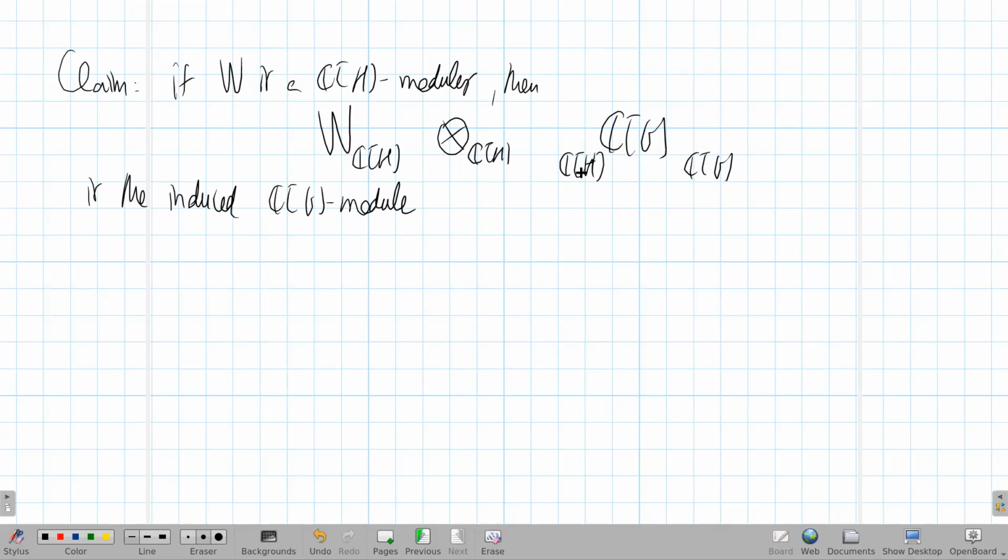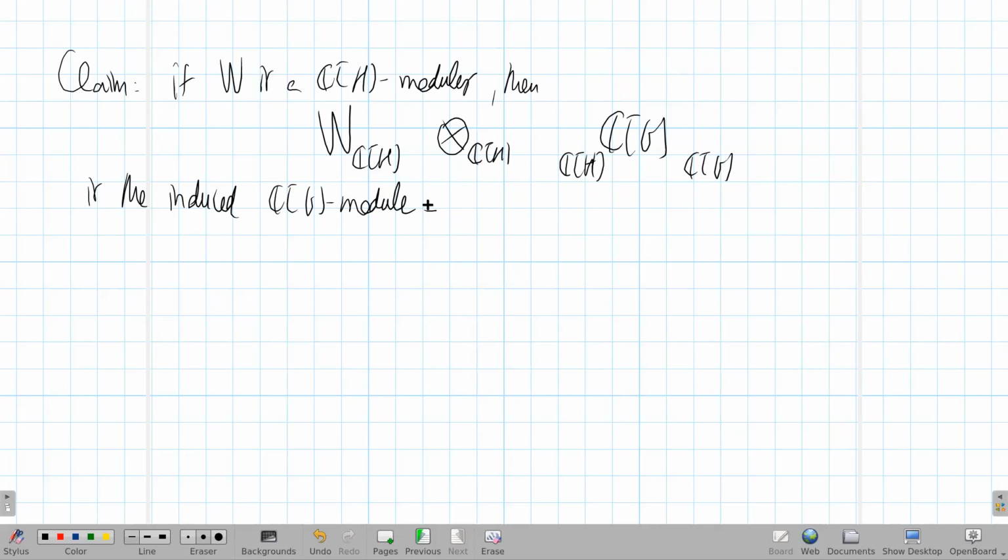So let's see why this is the case. Let's take a look at an element here. I'm not going into all details, but you'll see how it works in some detail.